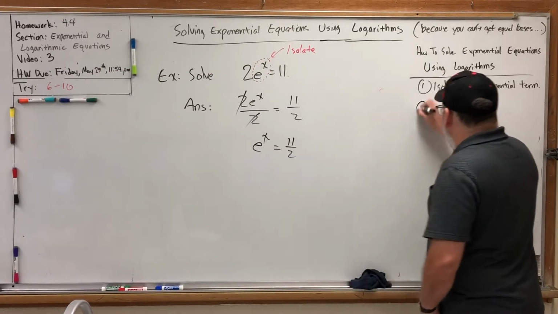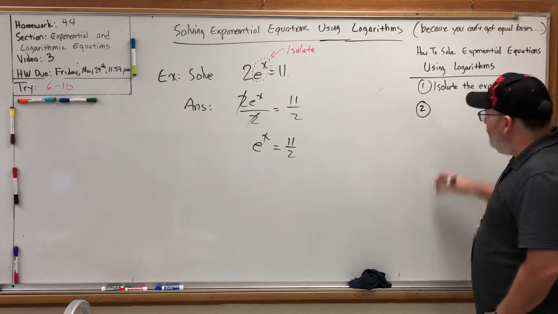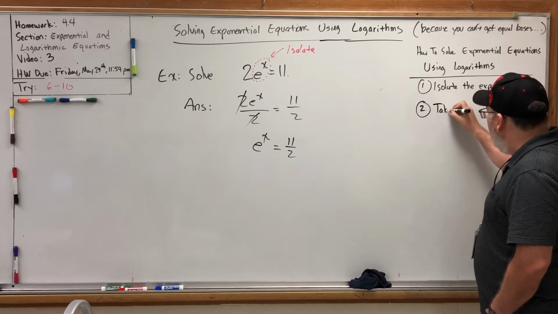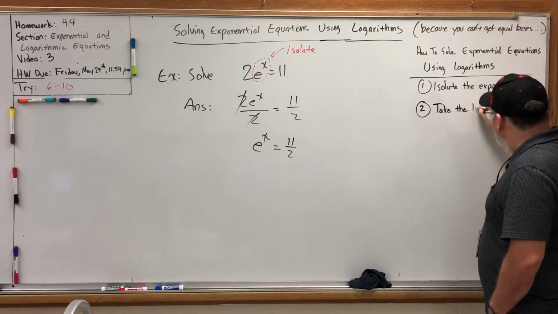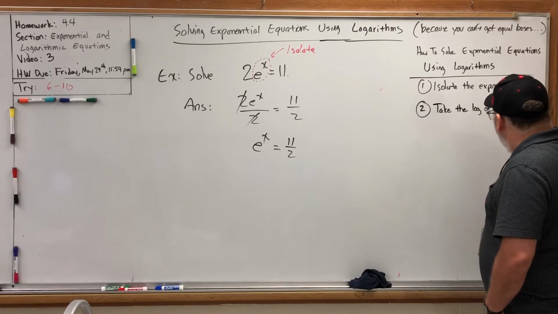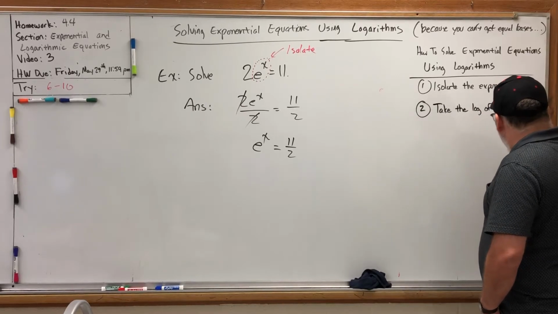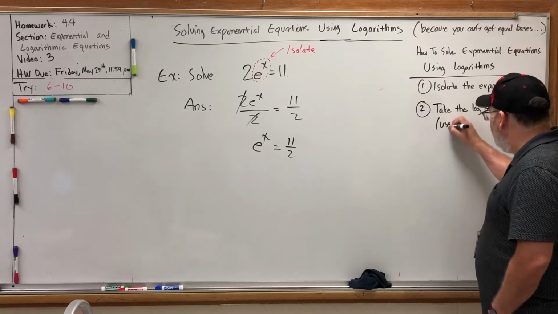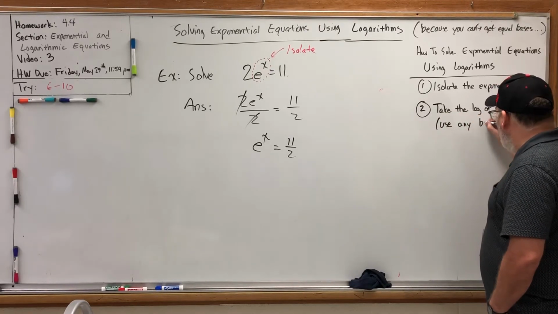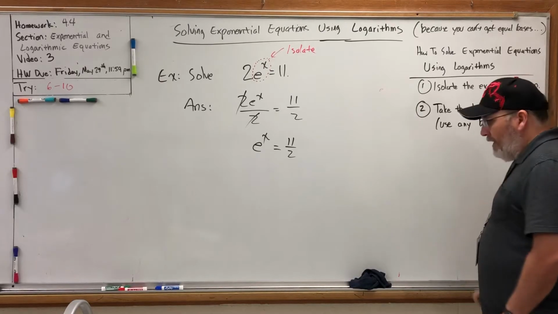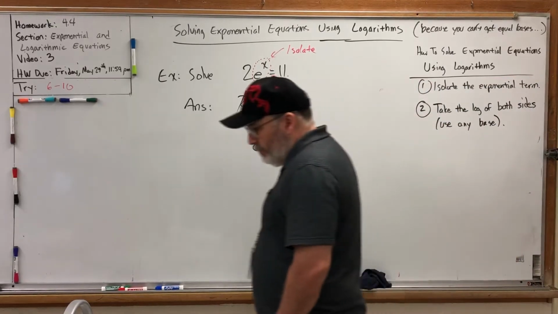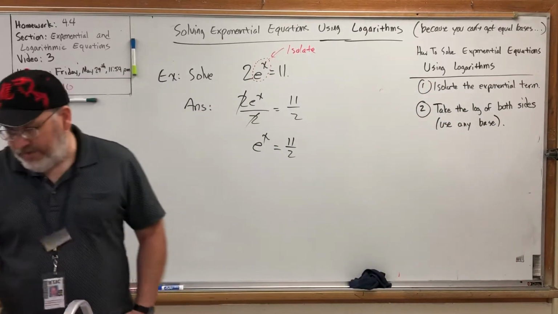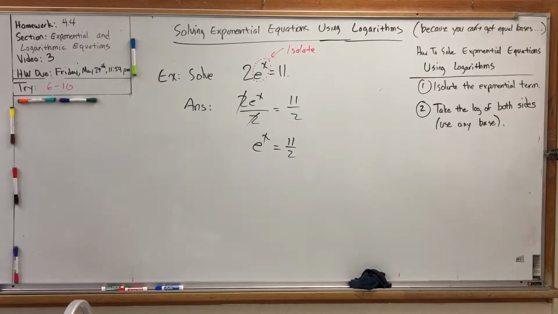Once you've isolated the exponential term, your second move is to take the log of both sides. And technically, you can use any base, but knowing that we will be using a calculator, we should use log or ln. In the homework, I think it will tell you which one it wants you to use.